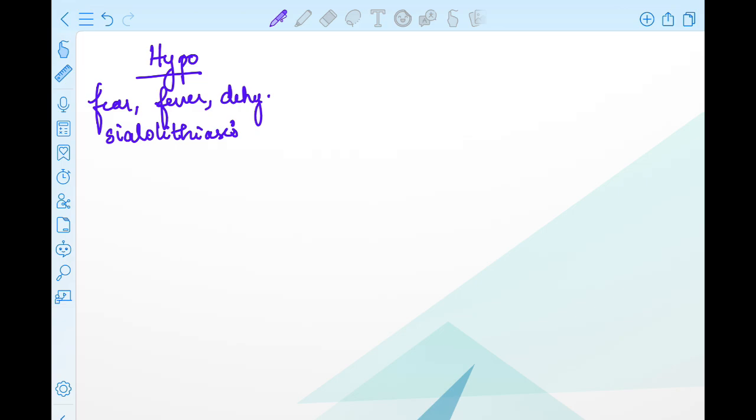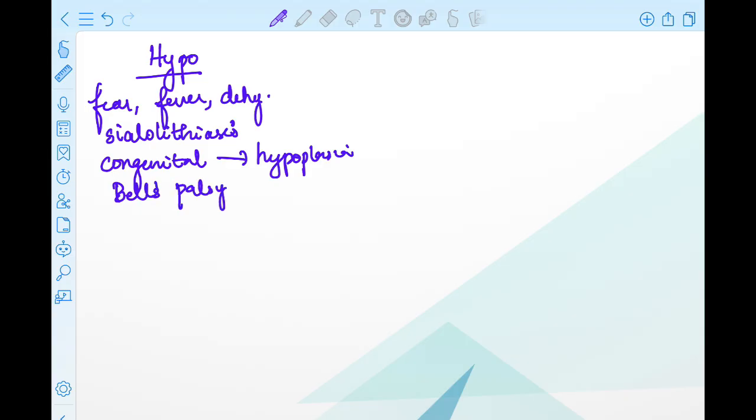Or there can be certain congenital reasons, that means the conditions that arise since birth, which can be in the form of hypoplasia of the glands, then some other conditions like Bell's palsy, and all these can lead to the most important consequence of hyposalivation, which is dental caries.